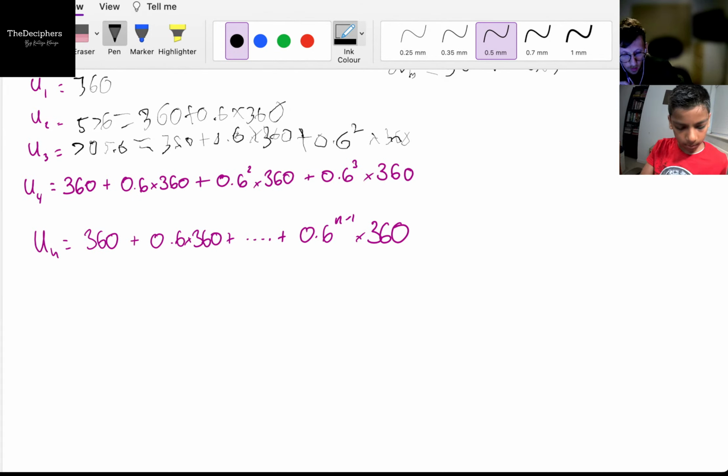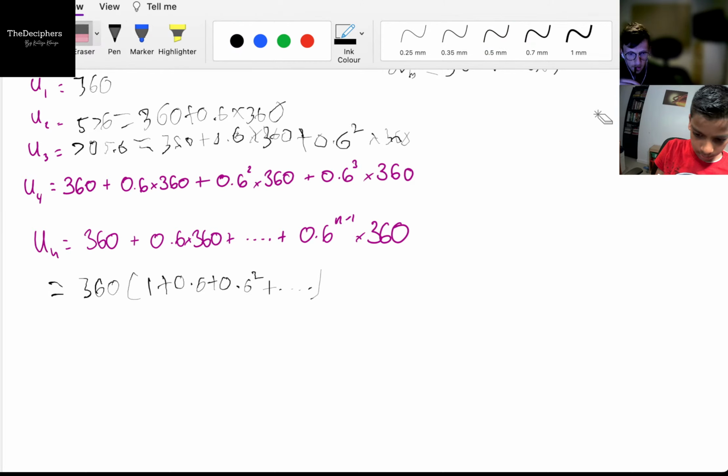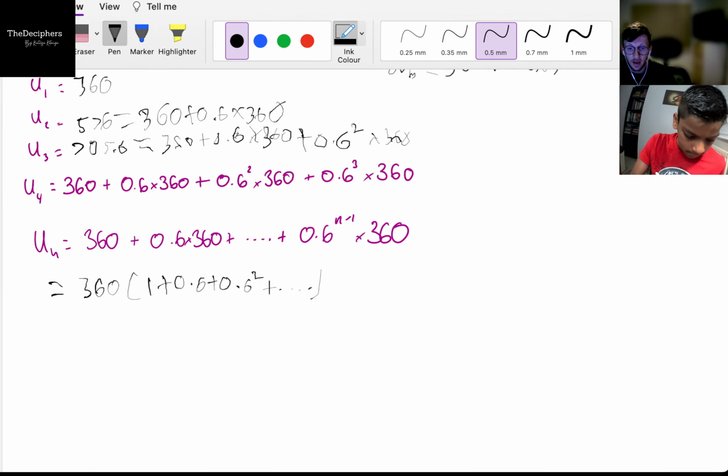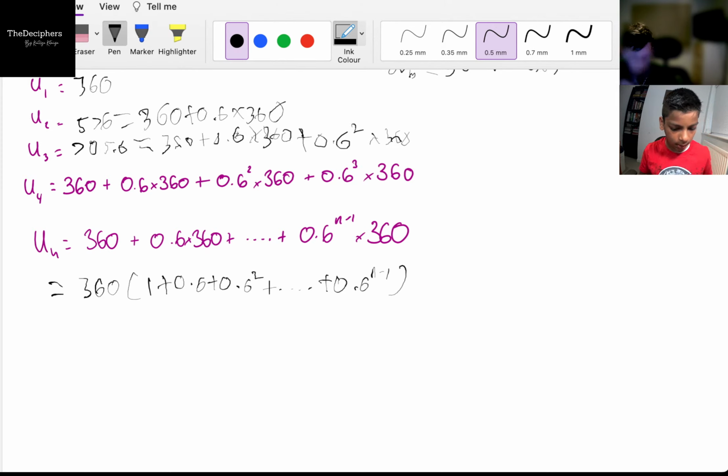I guess to simplify it, it would just be equals 360 times 1 plus 0.6 plus 0.6 squared plus dot dot dot. But it's not an infinite series. When you do plus dot dot dot and then don't end it, that implies that it's an infinite series, but it's not, because we've got an n on the end. It's a finite series.